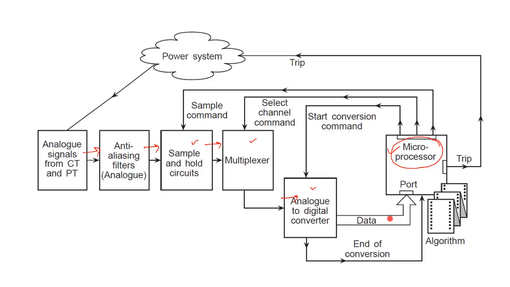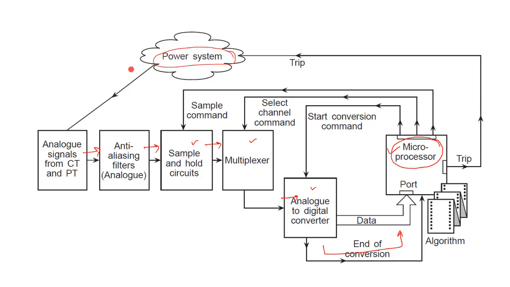Then from the ADC the data is fed to the microprocessor, right? And when it is feeding the data to the microprocessor, a signal is sent to the microprocessor indicating the end of ADC processing, right? Then the microprocessor, after processing, finally gives the trip signal, and the trip signal is sent to the power system, right?